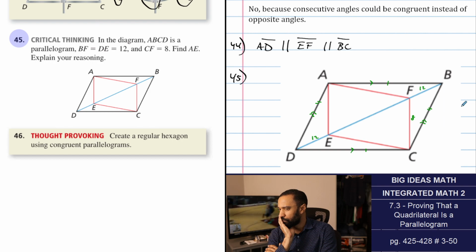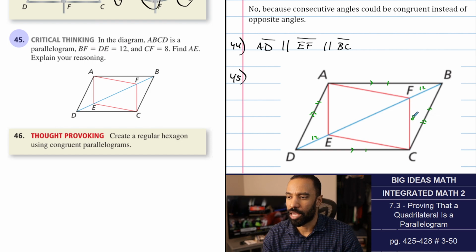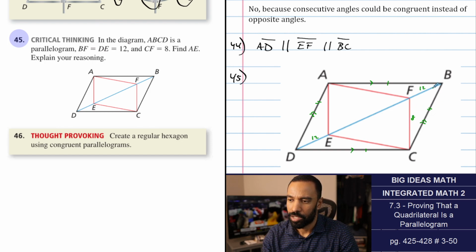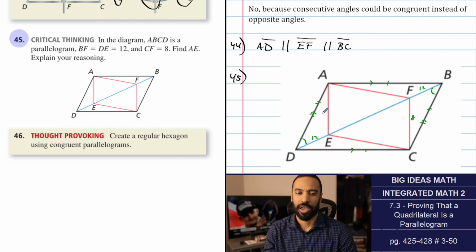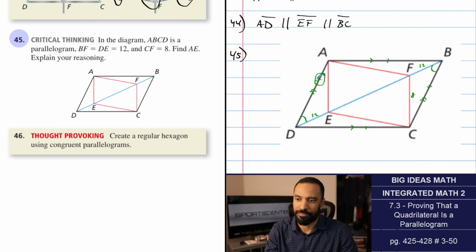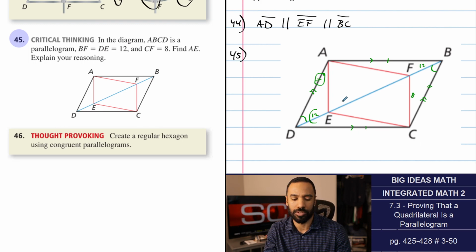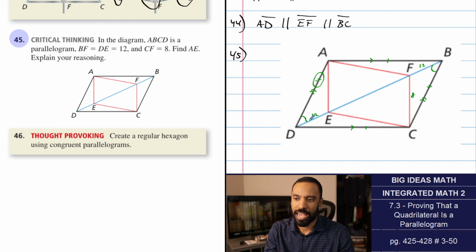No, it's not. Ignore the 8 for a second. All right, this is congruent to this by alternate interior angles, and then I have a side angle side case with a side angle side case. Therefore, by CPCTC, AE would be the same as that.